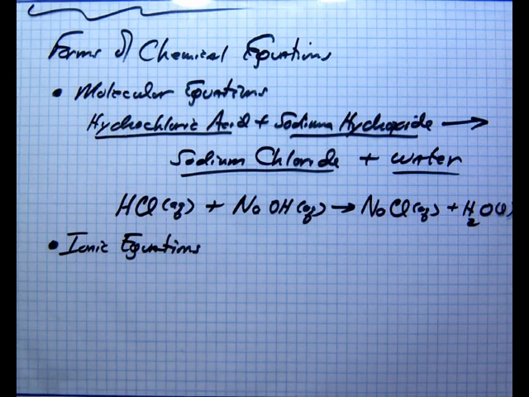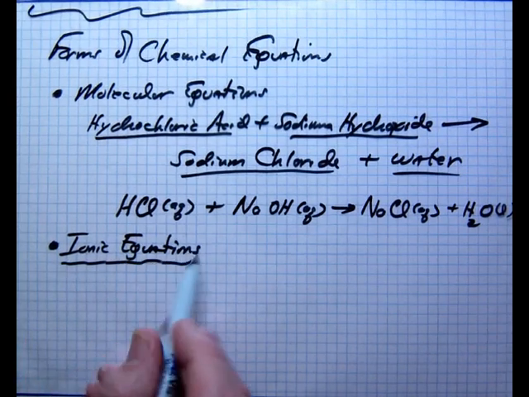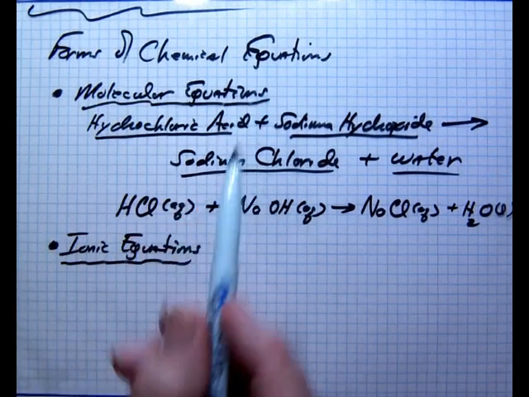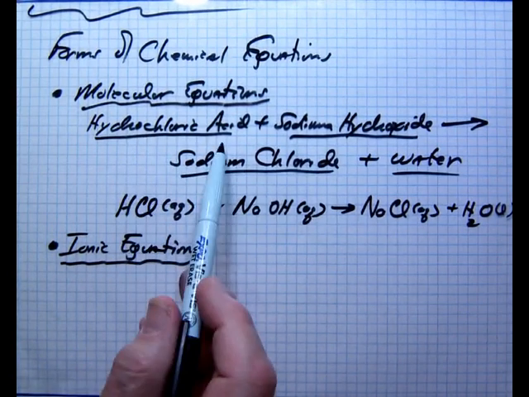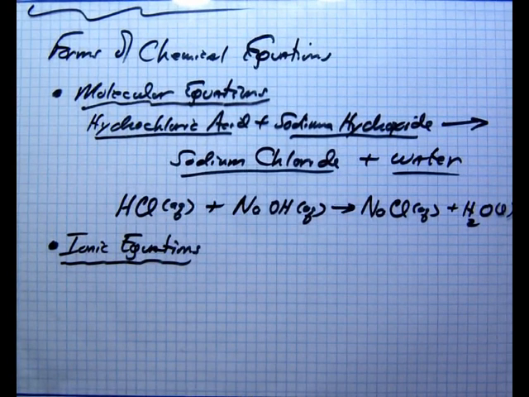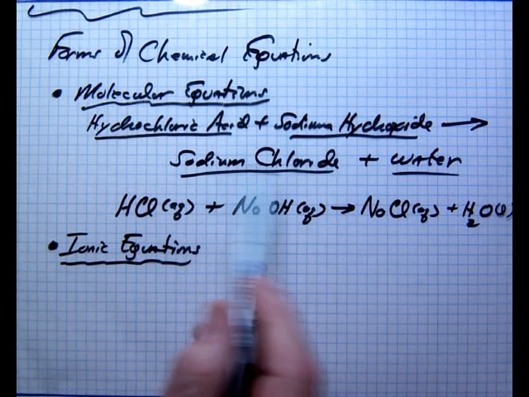If you don't, you can't write it in ionic form. Let me put it that way. You shouldn't write it. Acids and bases in this context are ionic substances, ionic compounds. Sodium chloride is an ionic compound.